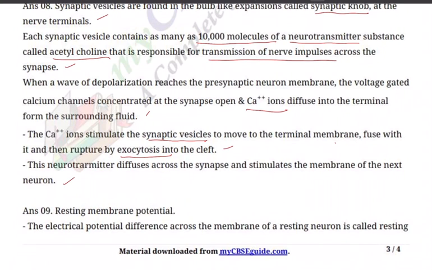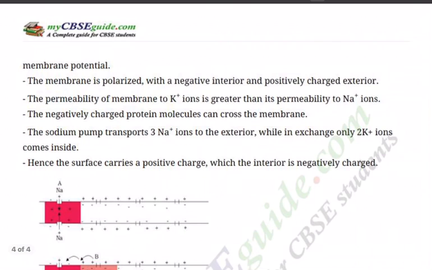Question number 9. It's a 5-mark question. Remember, resting membrane potential. The electrical potential difference across the membrane of a resting neuron is called the resting membrane potential. The membrane is polarized, first polarization, with a negative interior, as you are seeing. Look at that, negative interior and positively charged exterior.